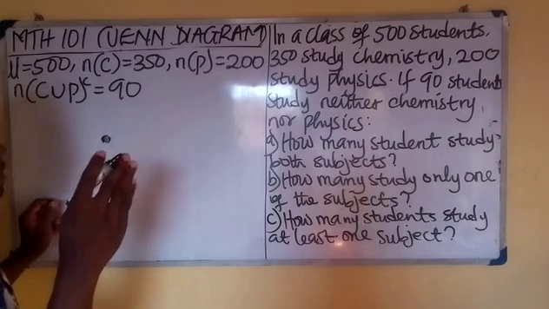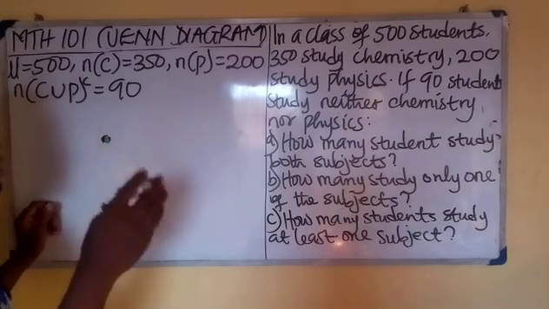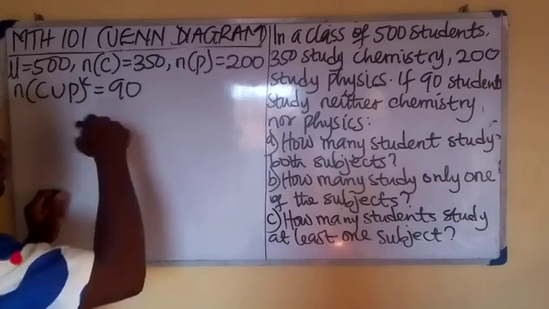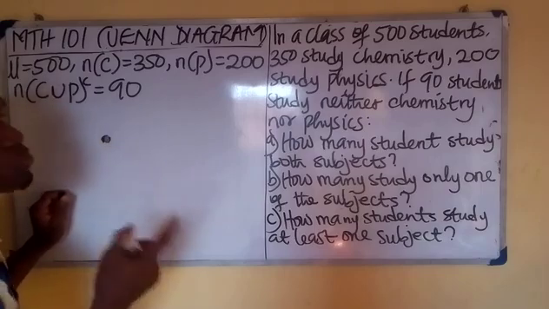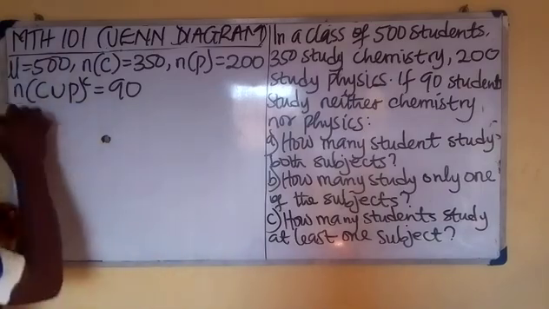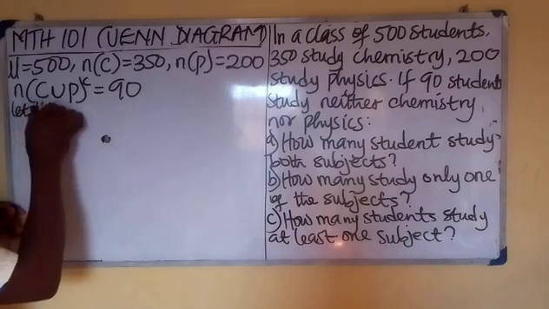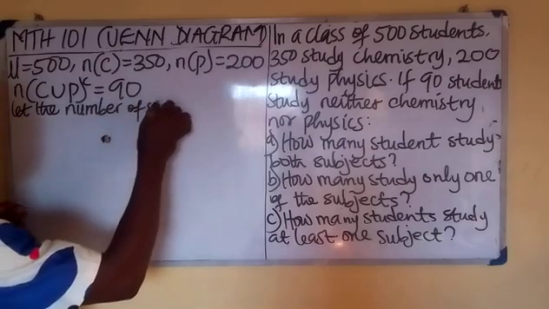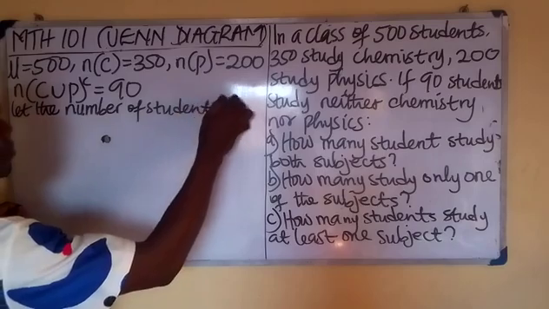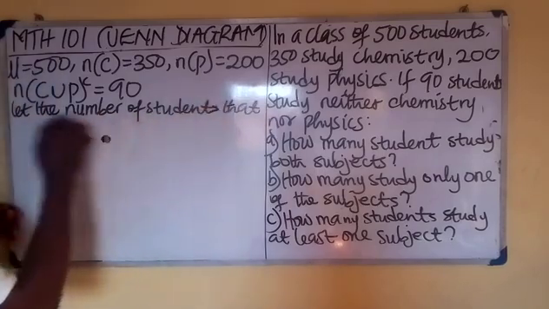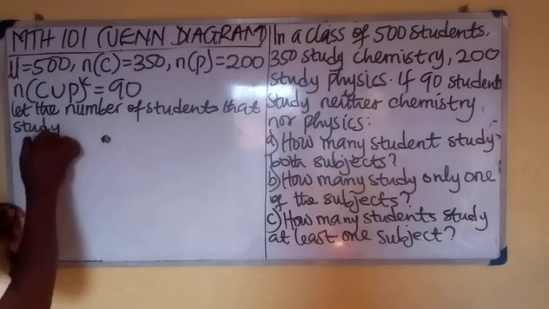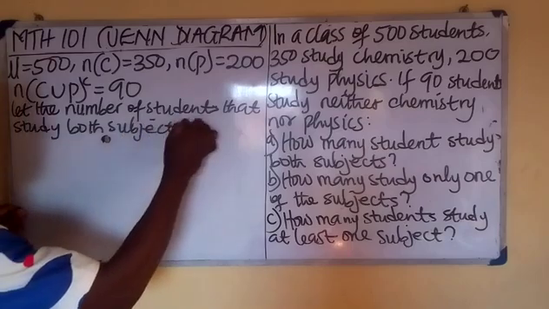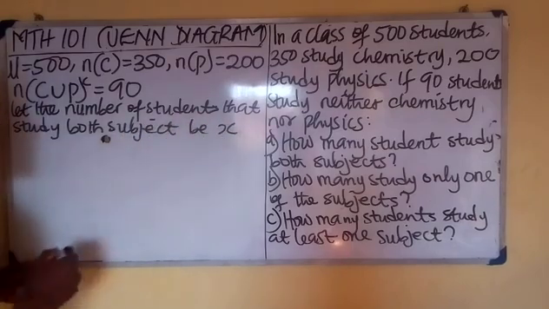If 90 students study neither chemistry nor physics, this word neither means plus, that is plus 90. How many students study both subjects? I don't know. You say let the number of students that study both subjects be X. So they said both.